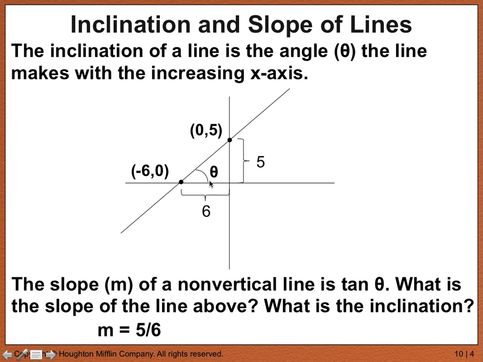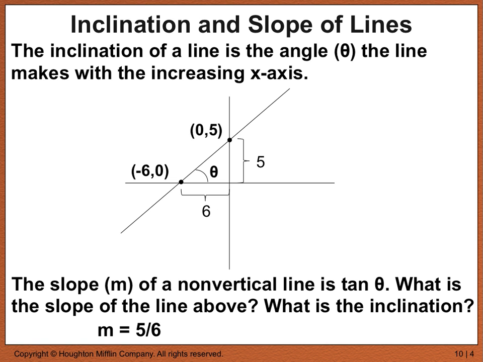So the question is, do I have enough information to find theta? Well, we know that the tangent of an angle, the tangent of this theta, is opposite over adjacent. And the opposite of this theta is 5. The adjacent of the theta is 6. And so opposite over adjacent will give me the tangent. But wait, you're saying, that also gives me m. Okay, well that's the whole beauty of this, is that slope is related to tangent.